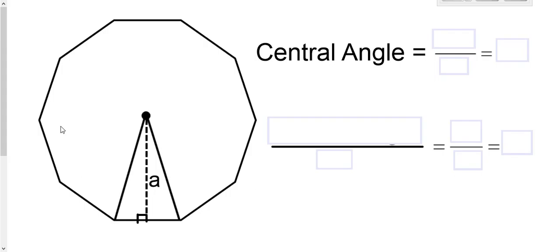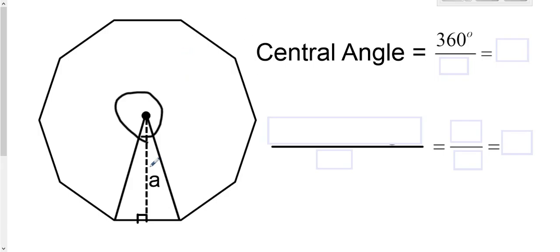So here we're going to have to count. Well, there's a bunch of sides in this. But the same idea is this, that if we drew all these central angles in and then added up all their measures, that's still 360 degrees. And we're going to divide it by how many sides there are, which is the same as how many central angles there are. So be careful when you're counting them.